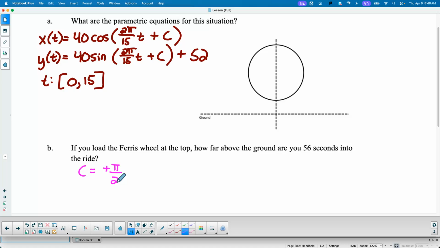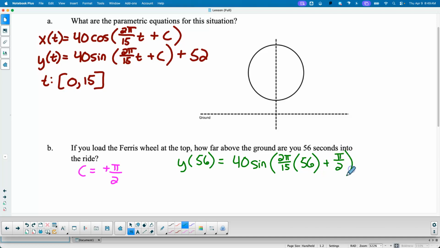Now, it's only asking for how high we are above the ground, correct? So that's only going to be the y. So really what we could do here is we could just say y of 56 is equal to 40 times the sine of 2 pi over 15 times 56 plus pi over 2 plus 52.